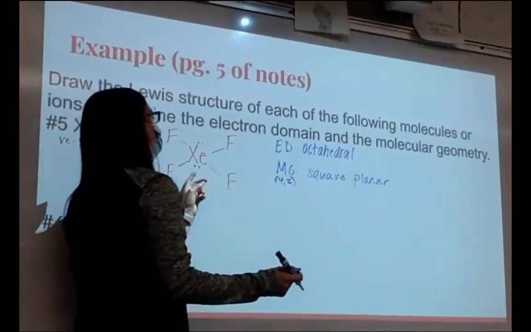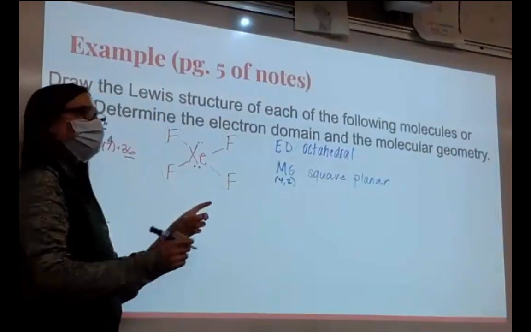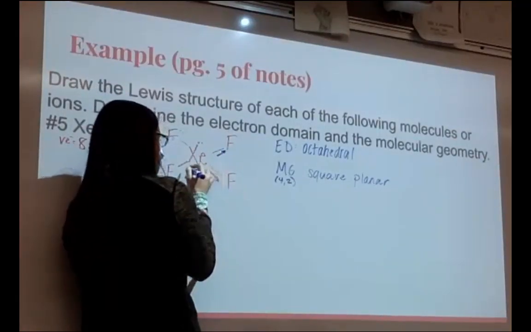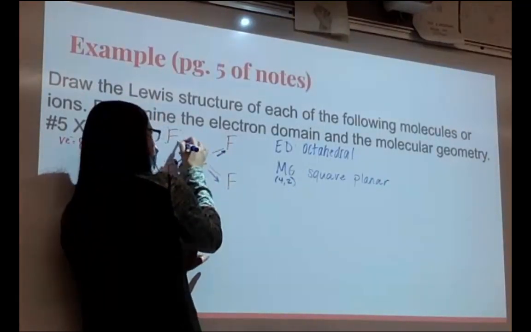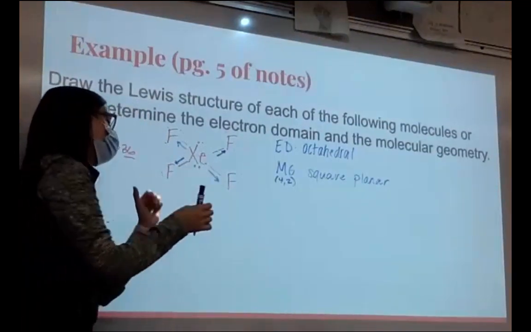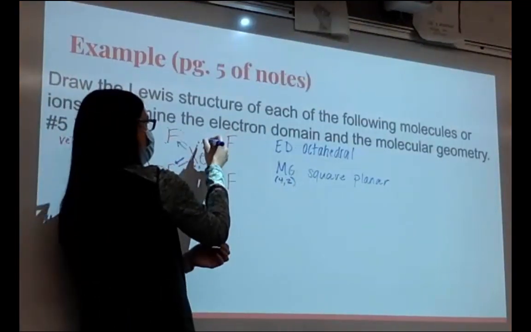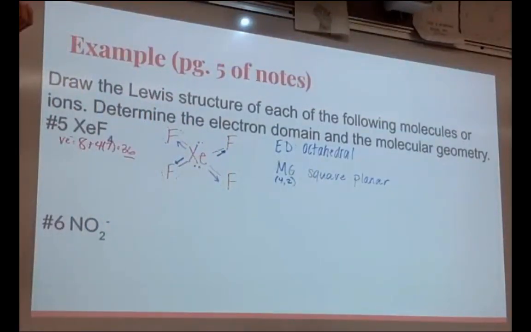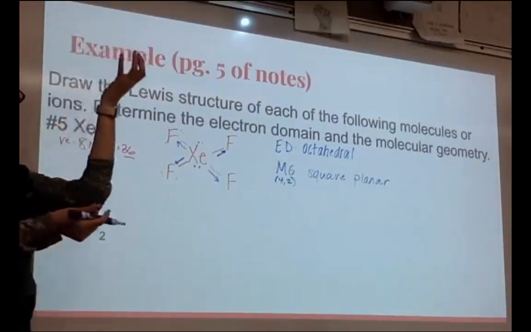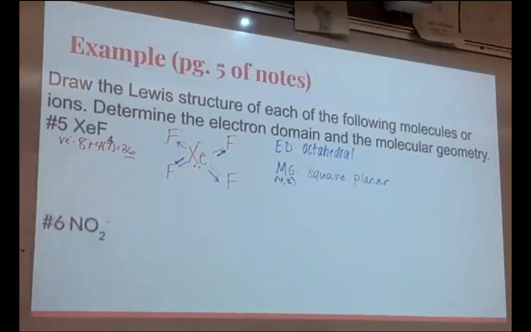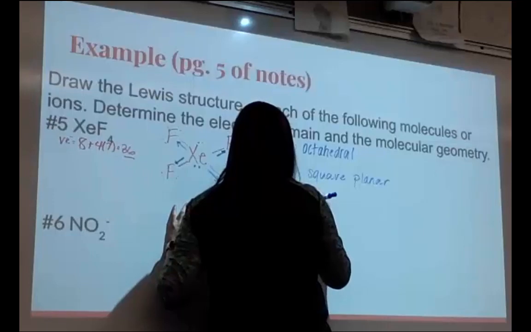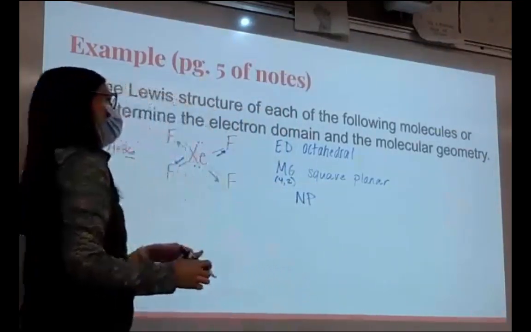Because the reason that this is not polar, so even though these XeF bonds are polar, if I draw the dipole arrows, they all cancel. And then the lone pairs, there's one on top and one on the bottom. Those cancel. So when all of your dipole moments and your lone pairs cancel, it results in a nonpolar molecule.